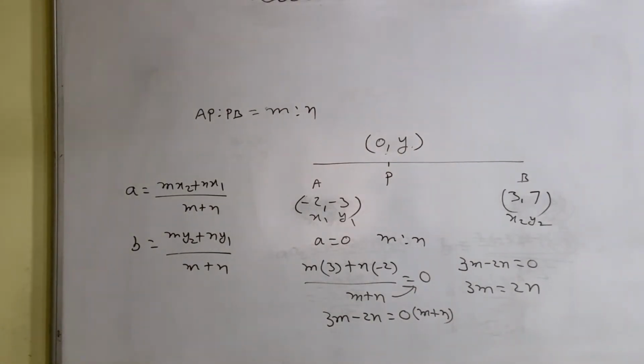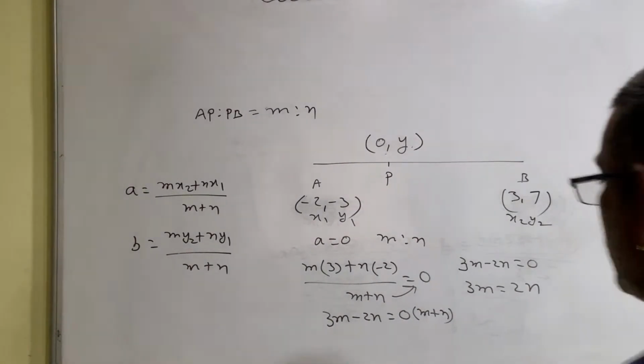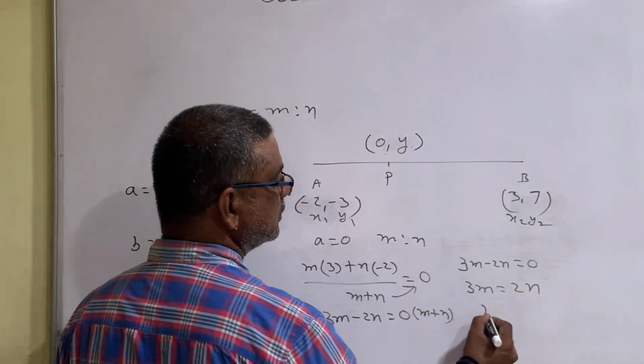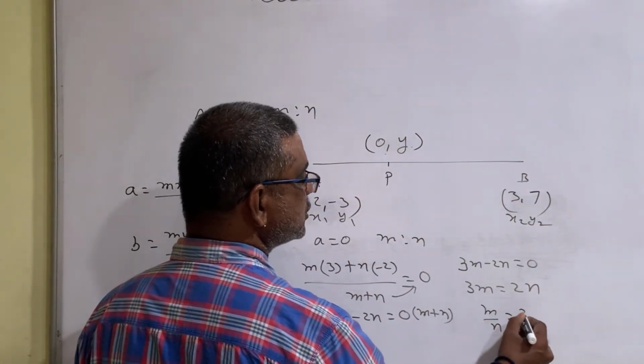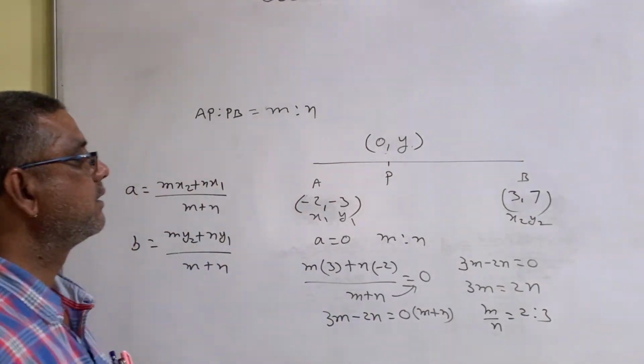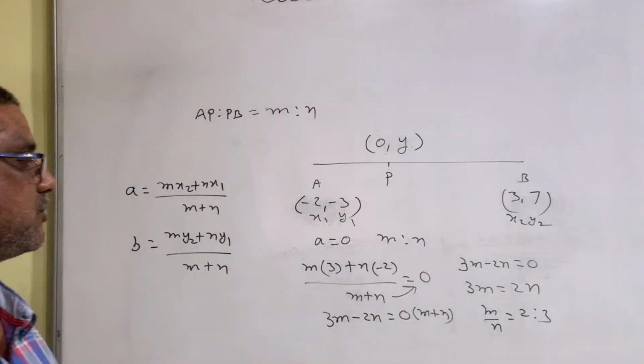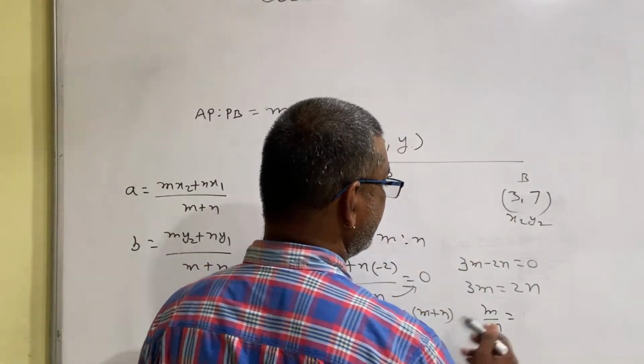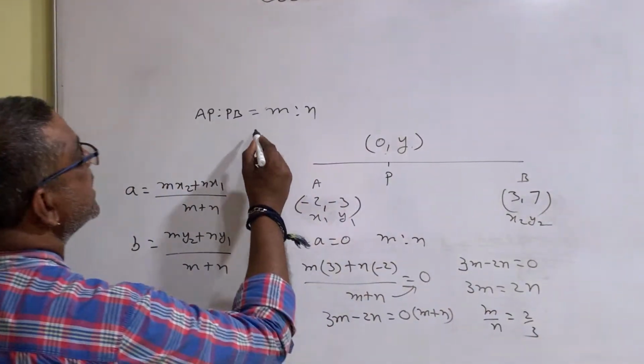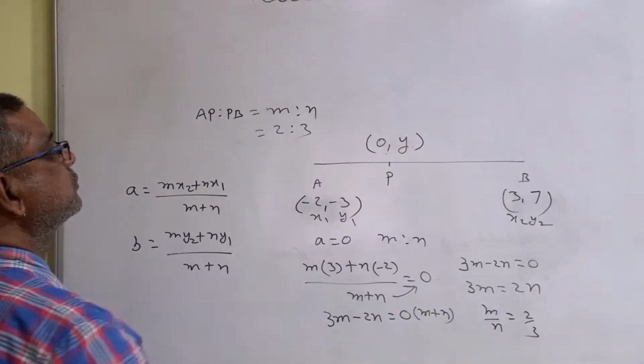What is m by n? Good. m by n is 2 by 3. So the ratio is 2:3.